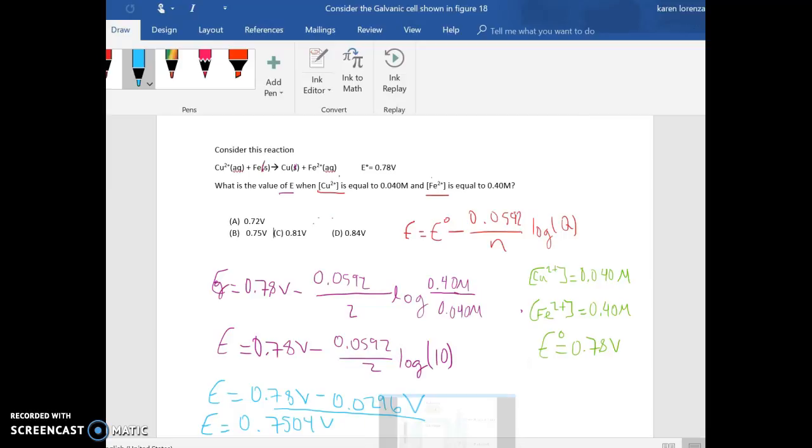Then I subtracted that from the 0.78 volts, and we ended up with a non-standard EMF of 0.7504 volts, or about 0.75 volts. That matches with B, and that's our answer.